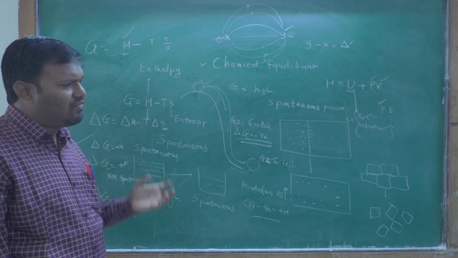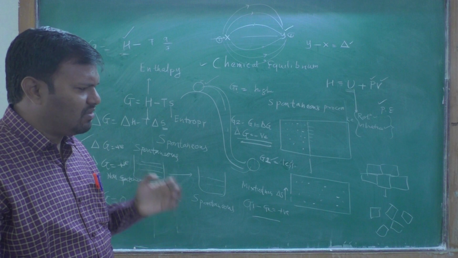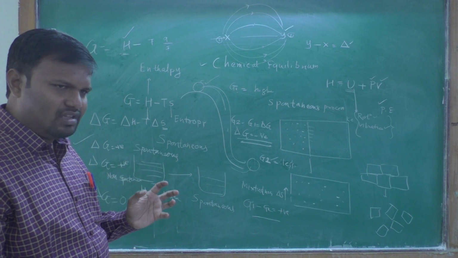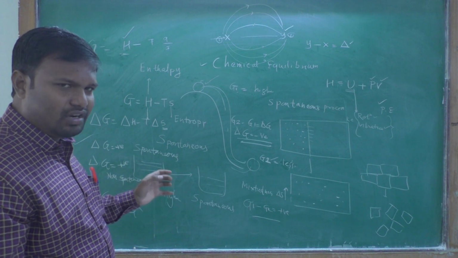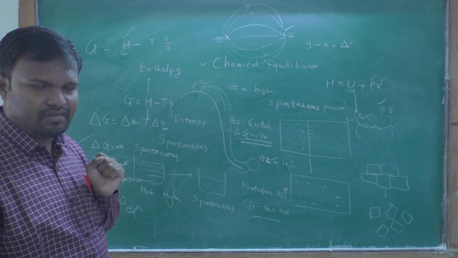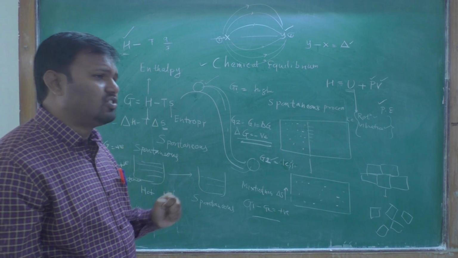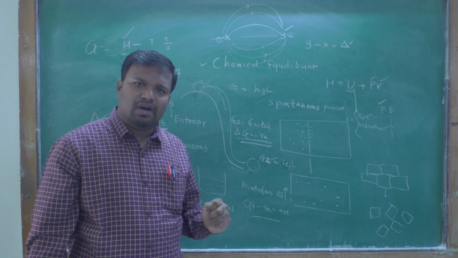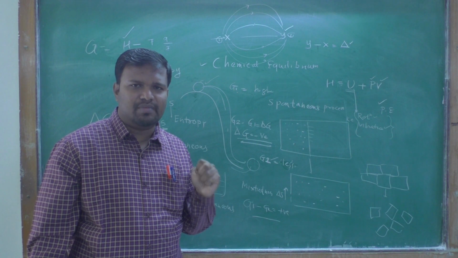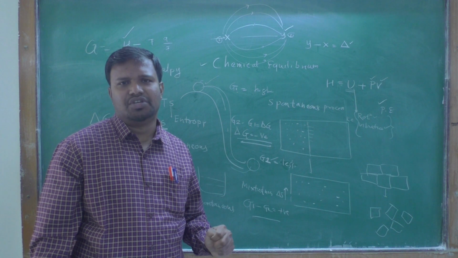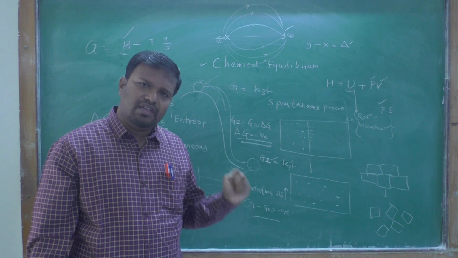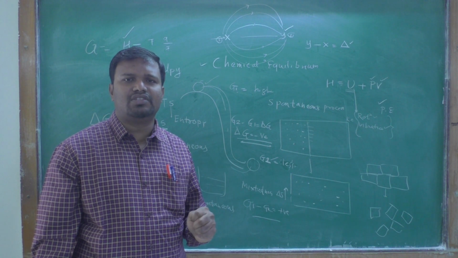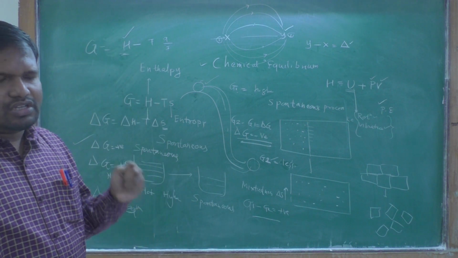Remember that when G is higher, as for this heated water, G is higher. Every substance is trying to obtain the lower free energy. If a system has higher free energy, it is an unstable system. If a system has lower free energy, it is a stable system.